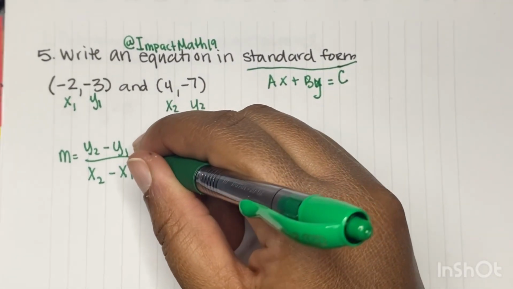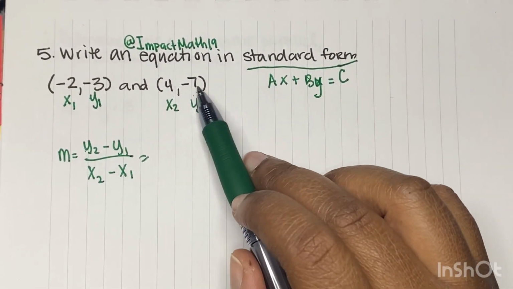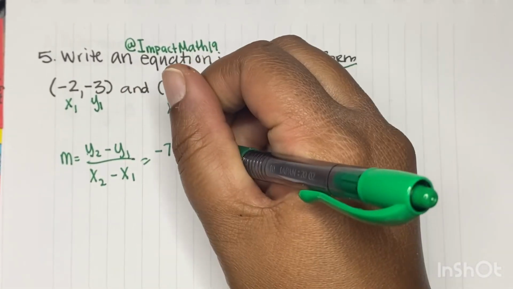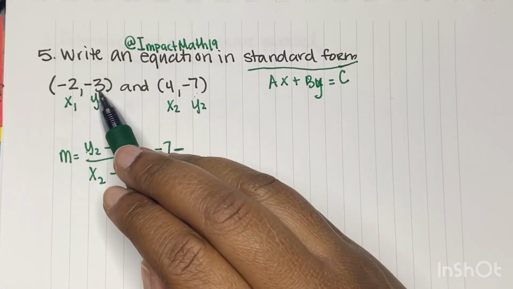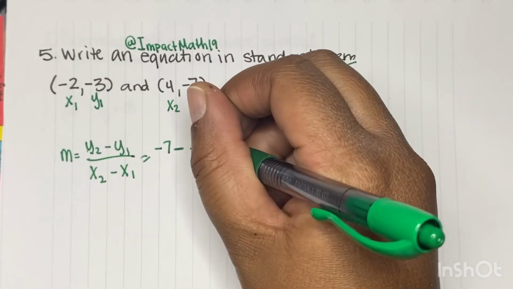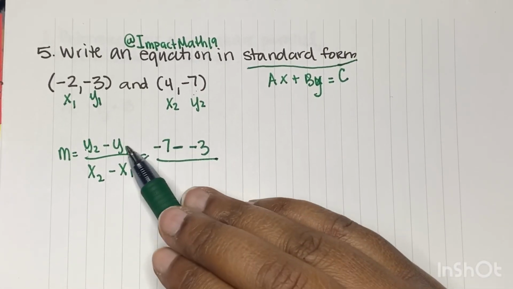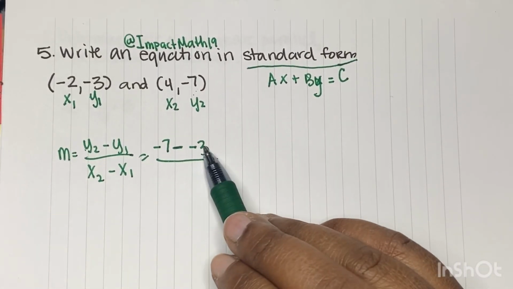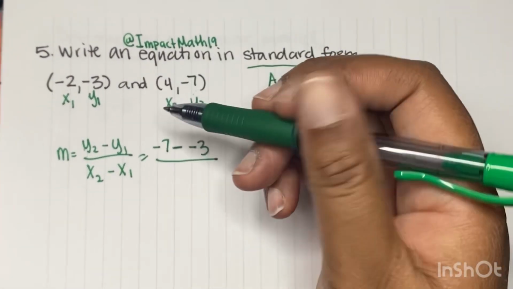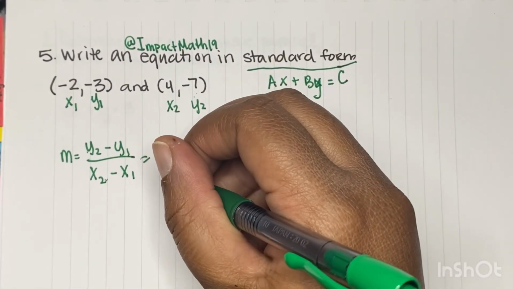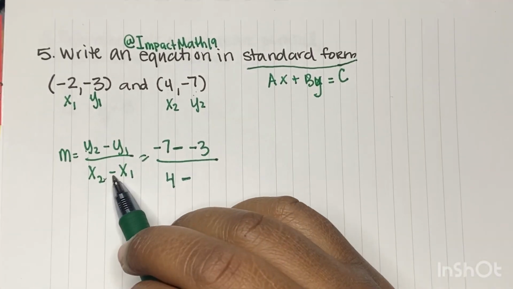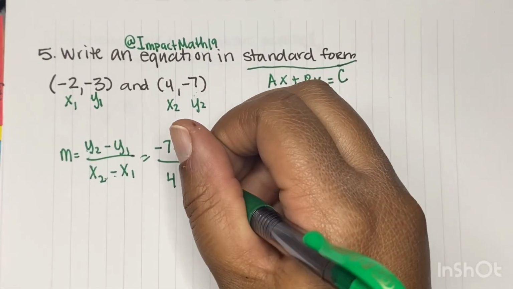So we have y2, which is -7, minus, from our formula, our y1, which is -3. Remember, this minus sign is from the formula. Our y1 is -3, so we must put -3. Now we have x2, which is 4, minus from the formula, and our x1 is -2.